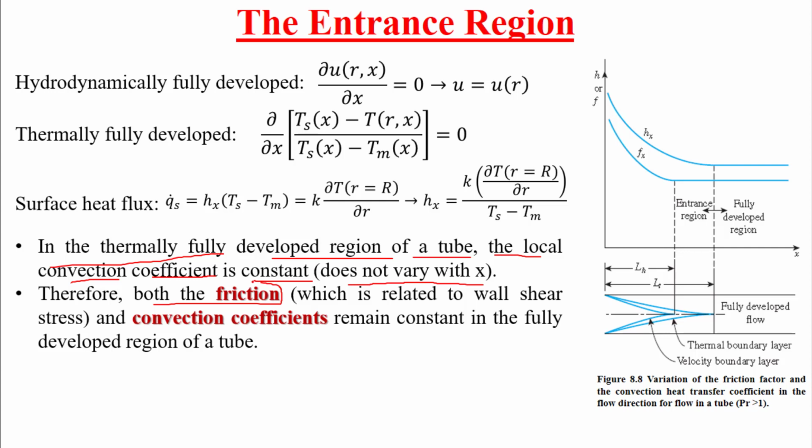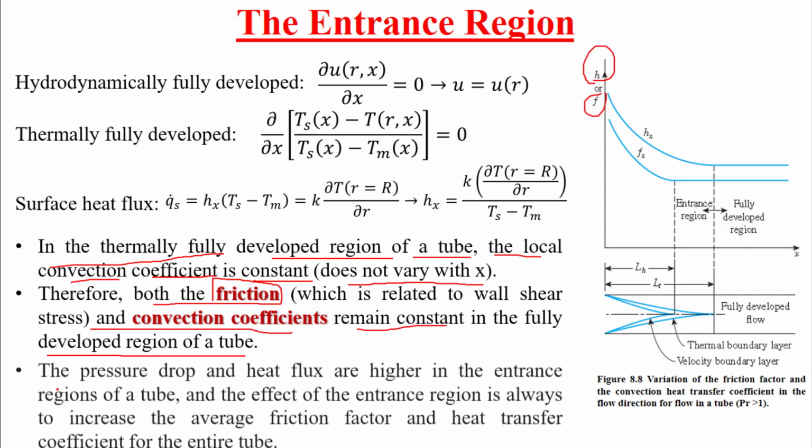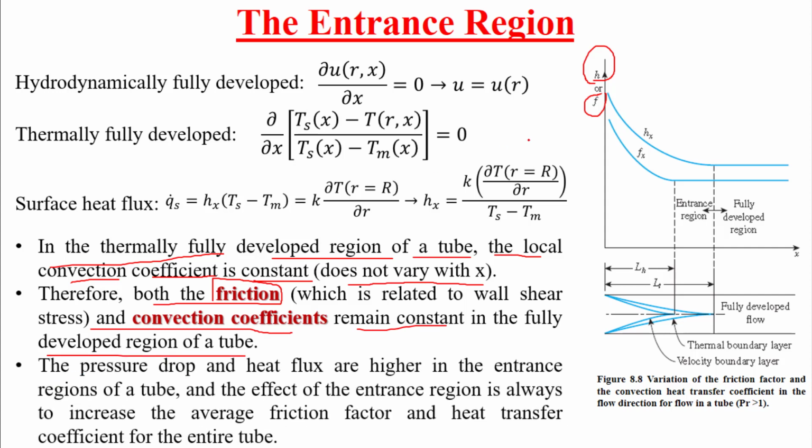Therefore, both friction, which is related to wall shear stress, and convection remain constant in the fully developed region of the tube. So we have a good relation between friction and pressure drop, and a good relation between h and q, the heat transfer rate.